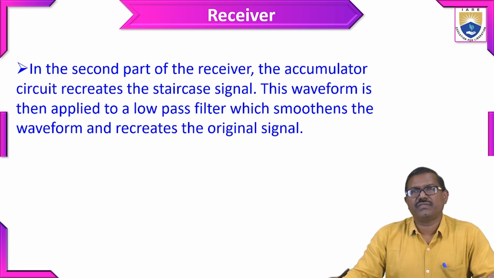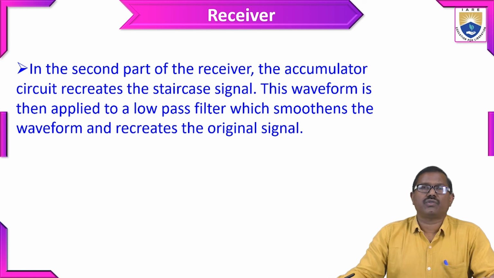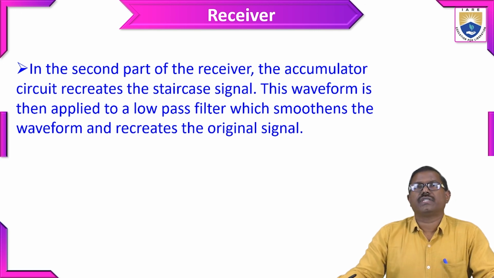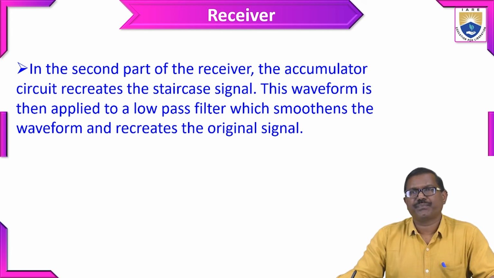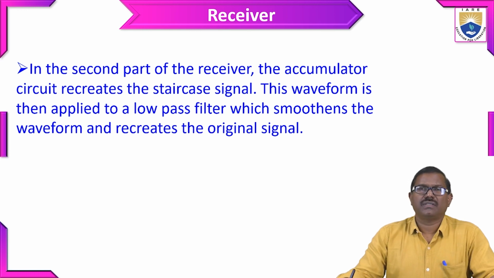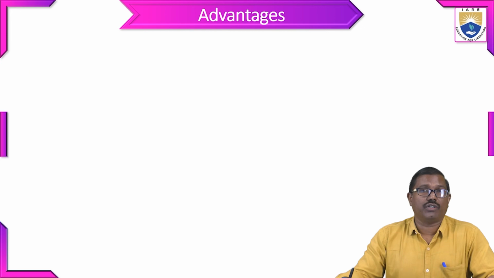And the second part in the receiver, the accumulator circuit recreates the staircase signal. This waveform is then applied to a low pass filter, which smoothens the waveform and recreates the original signal. Okay. So this is the working operation of the receiver of adaptive delta modulation.